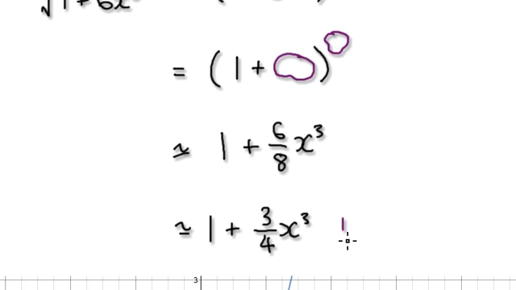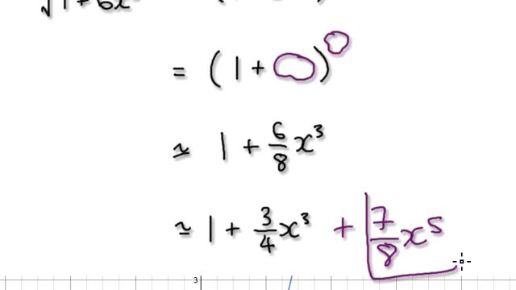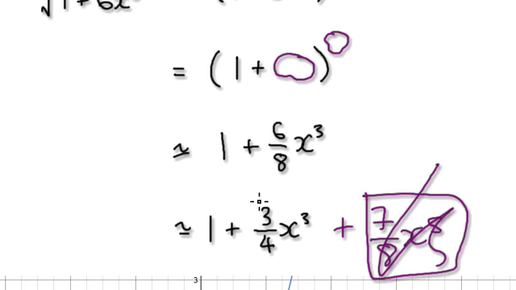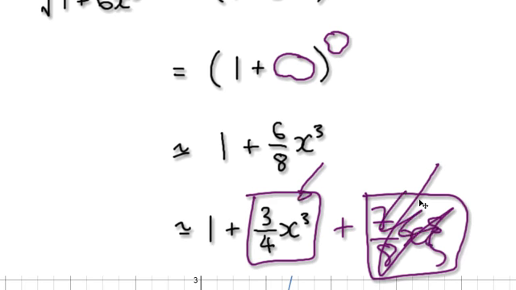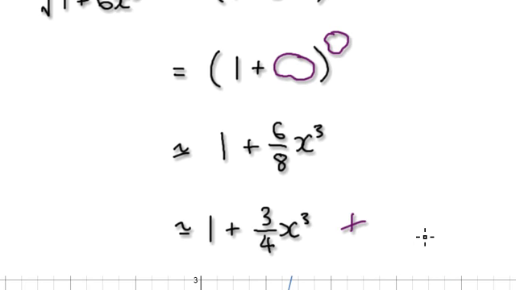If you happen to get more terms like, I don't know, 7 over 8 to the power of 5 here, then here you would discard this because you've already got this. So here you would discard this, but luckily we haven't got any other terms here, so we just leave it as this.